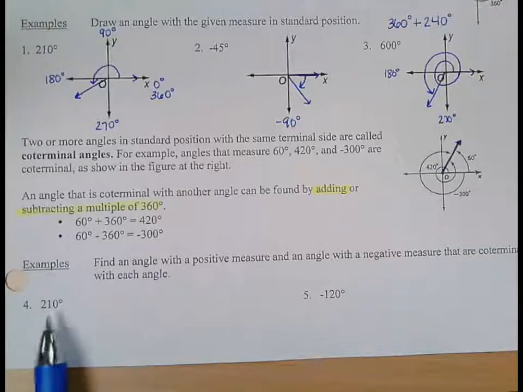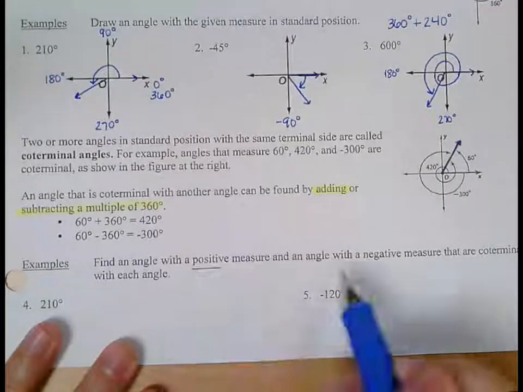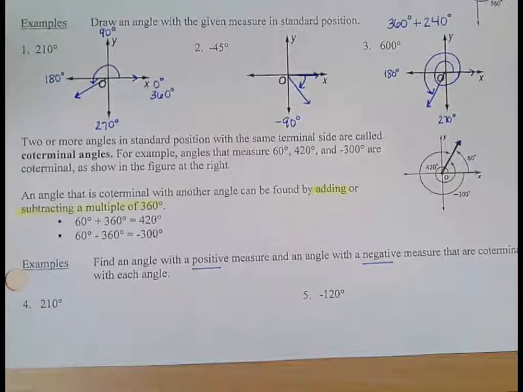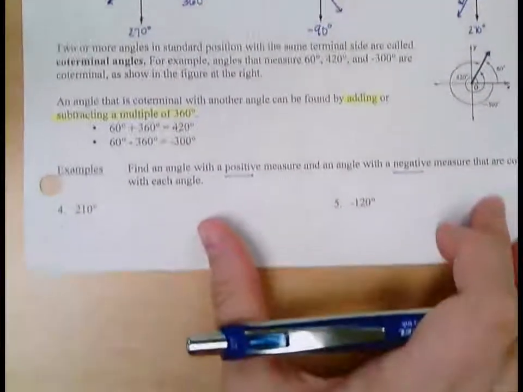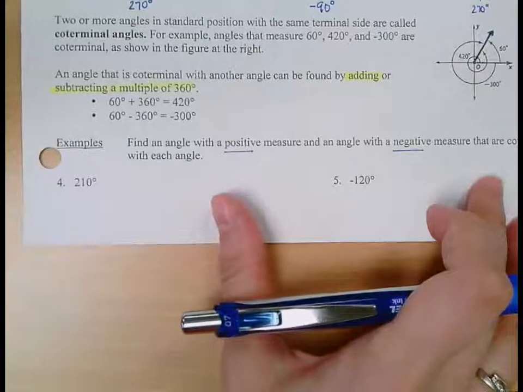So in examples 4 and 5, you're just finding an angle with a positive measure and an angle with a negative measure that are coterminal with each angle. So you do need to make sure in your answers that one is positive, one is negative, because there are more than just 2 possible answers for these questions.